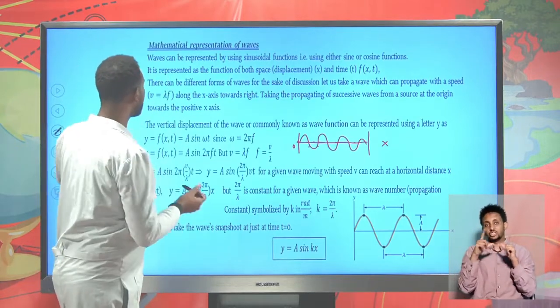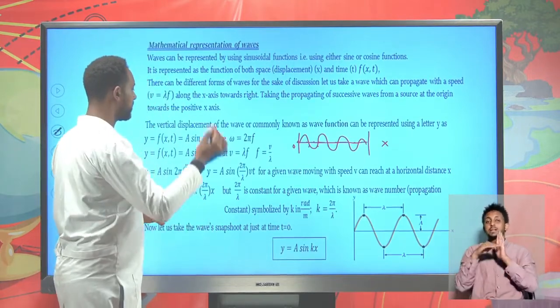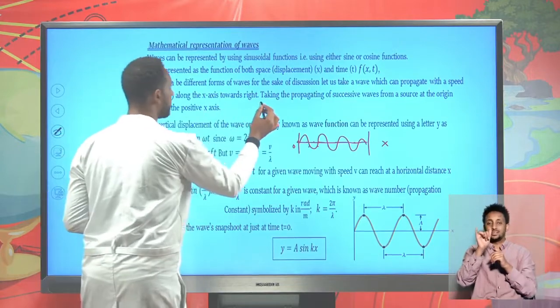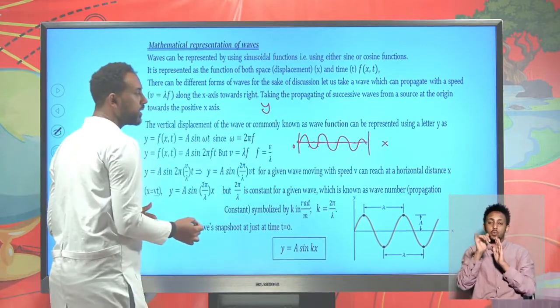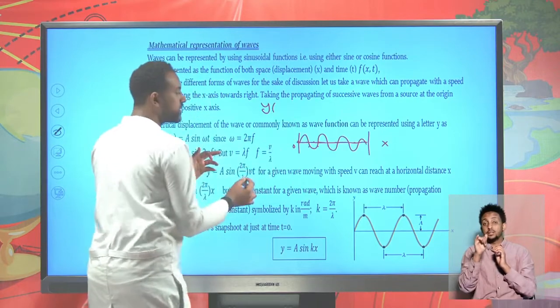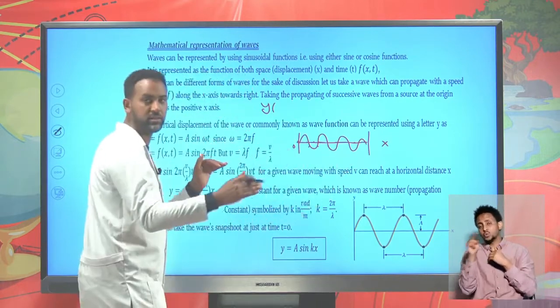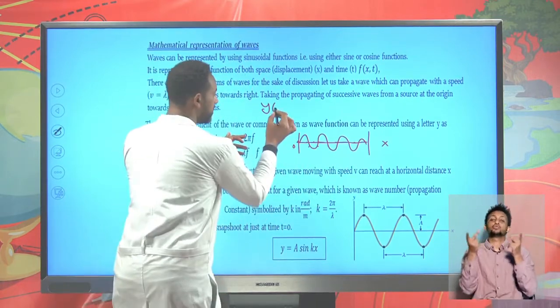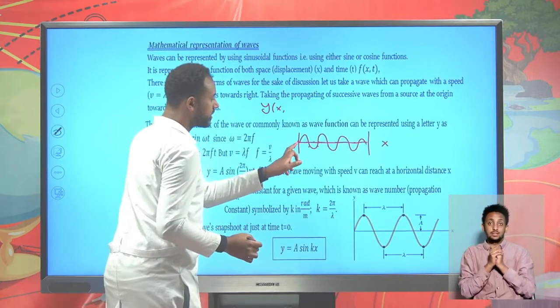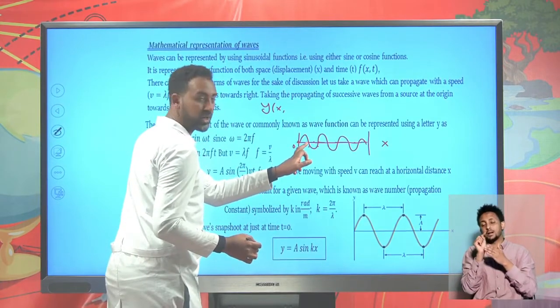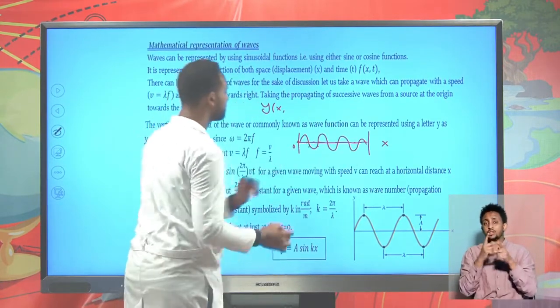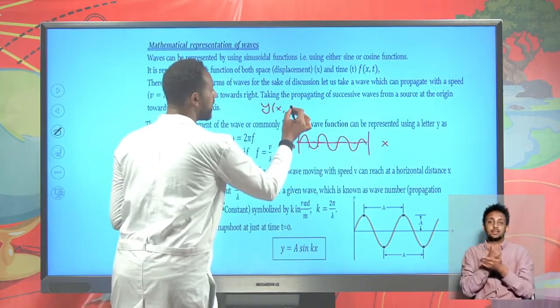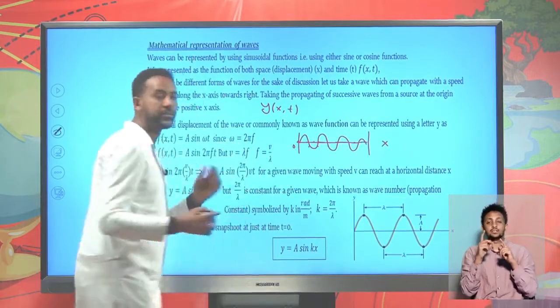The vertical location is represented using y. The vertical location of particles found horizontally at different positions x has a different vertical location at different time t.